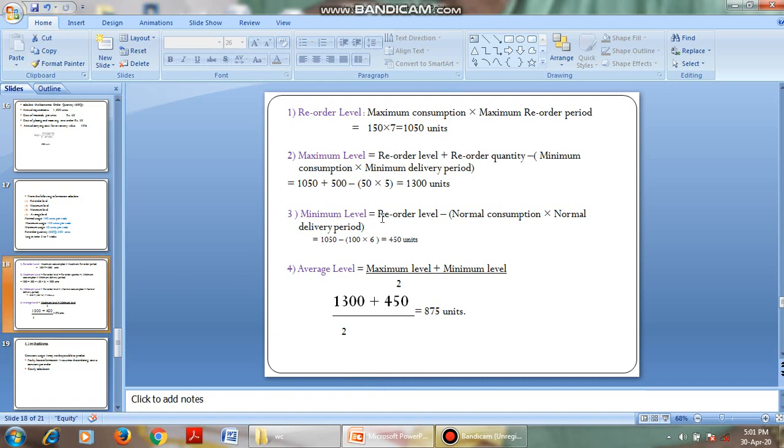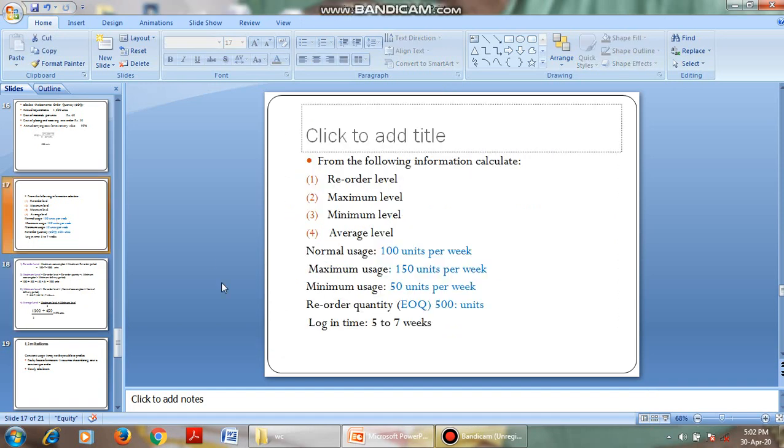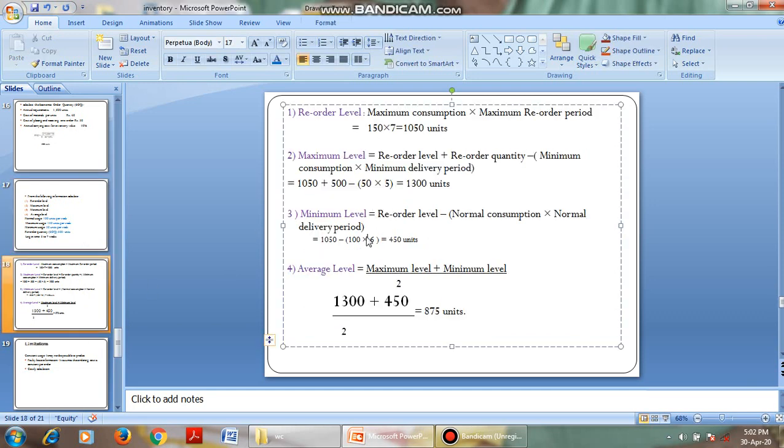The minimum level is equal to reorder level minus normal consumption into normal delivery period, that is 1050 minus normal consumption. What is normal consumption here? Normal usage is 100, into 6, the normal delivery period.